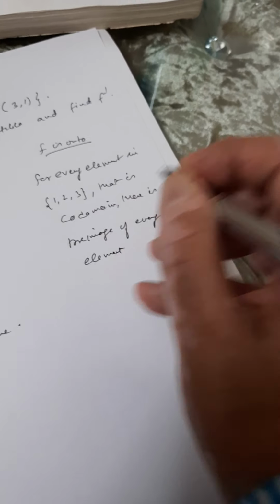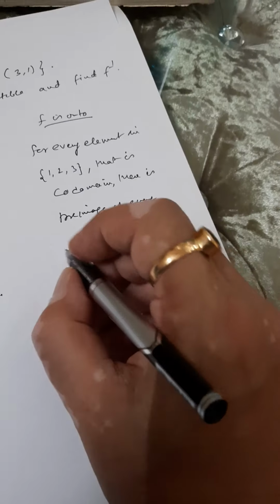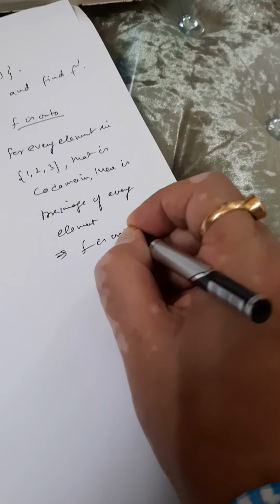As you can see, pre-image of 3 is 2, pre-image of 1 is 3, pre-image of 2 is 1. So f is onto. So f is invertible.